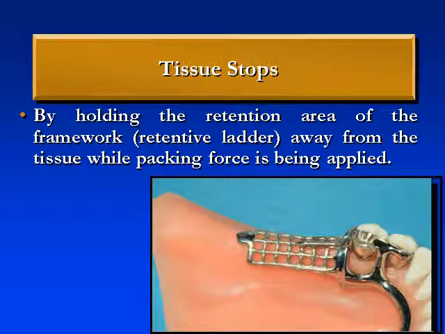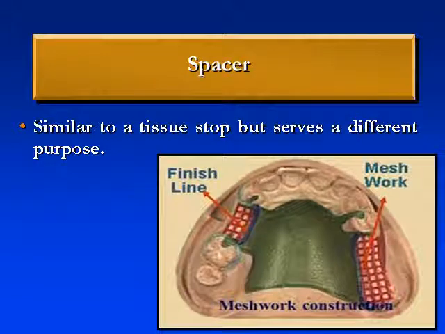By holding the retention area of the framework, the retentive ladder, away, this metal stop will hold the metal framework away from the tissue, creating space while the packing force is being applied, in order to create sufficient space for the entrance of the acrylic resin.